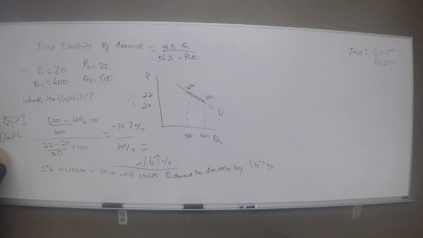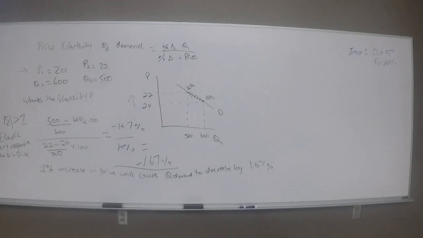Meaning it's very responsive to change in price. Triangle means change. That 1% increase in price will cause quantity demand to decrease by 1.67%.